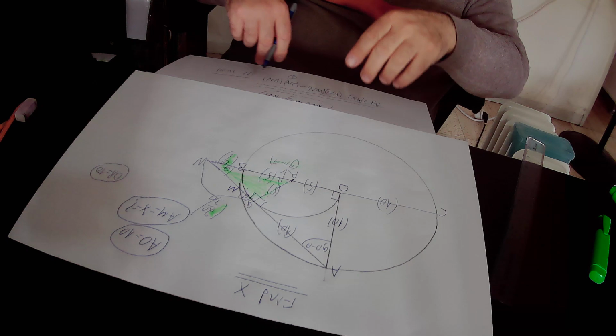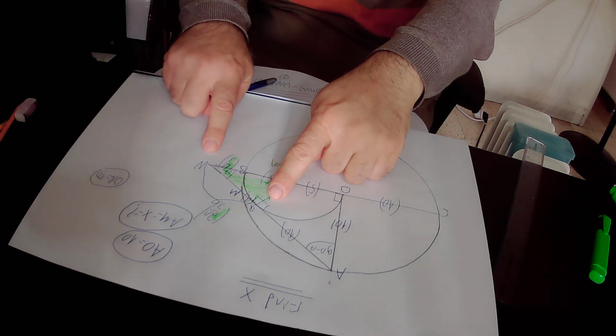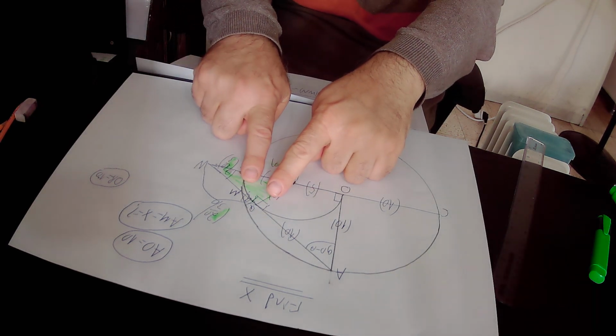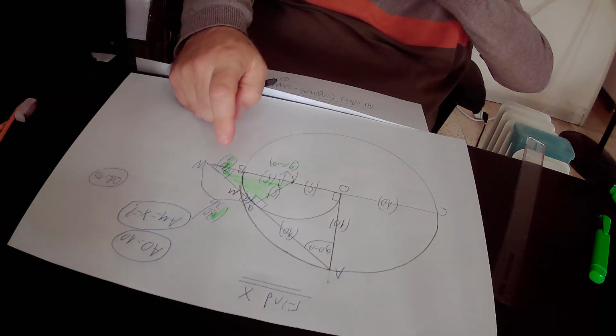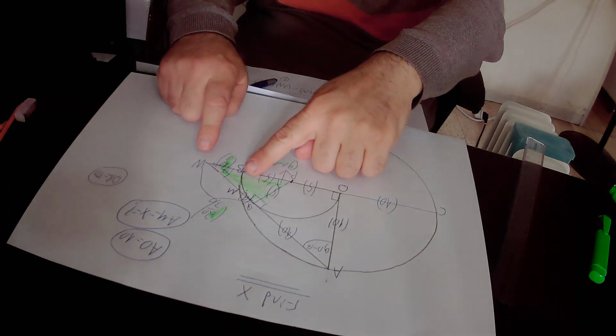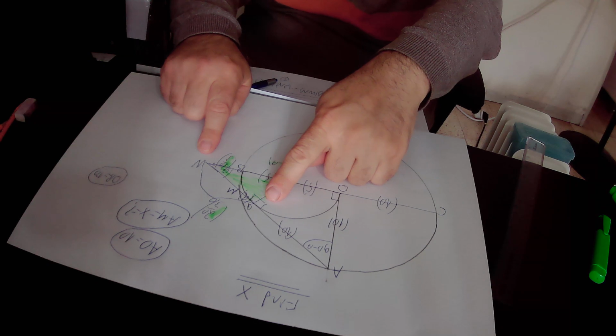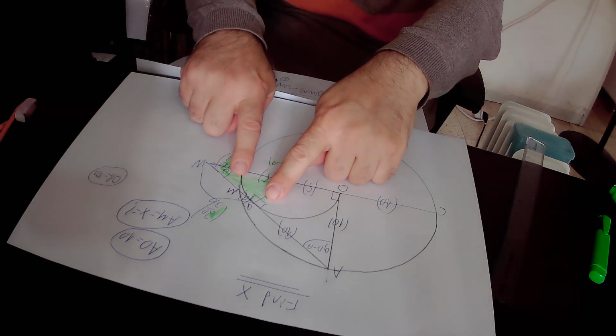This is QN minus QM, equals MN. Again, QN minus QM equals MN.